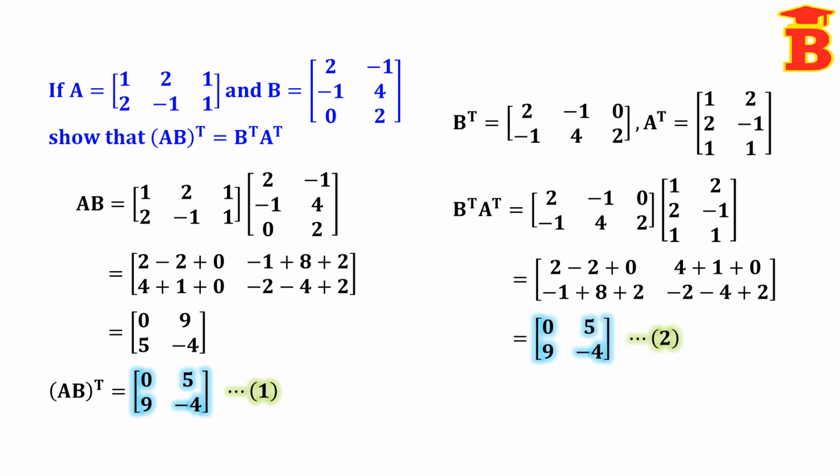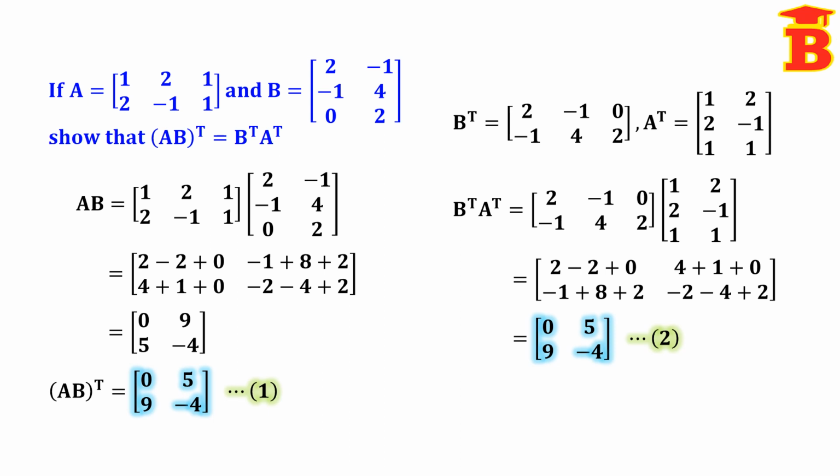Now this is equal to 2 minus 2 is 0, 4 plus 1 is 5, minus 1 plus 8 is 7, plus 2 is 9, minus 2 minus 4 is minus 6, plus 2 is minus 4. This is the right hand side answer. Take it as equation 2.